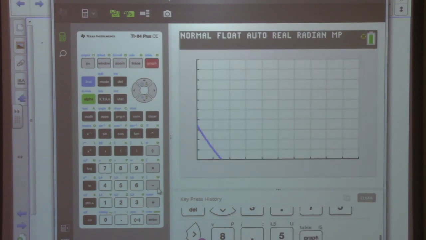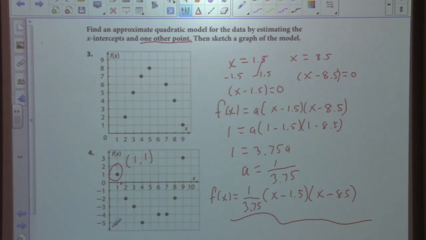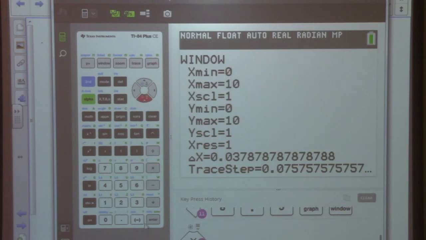So graph. And we don't see the same dimensions of the graph. I'm going to go ahead and look at the table here, look at the graph. We're going from -6 to 4. Okay, so I'm going to change that a little bit. -6 to 4.